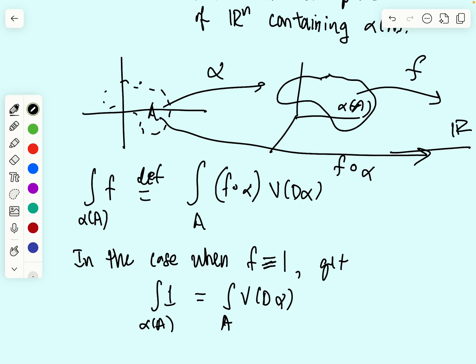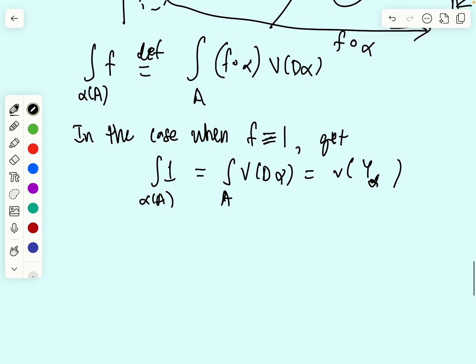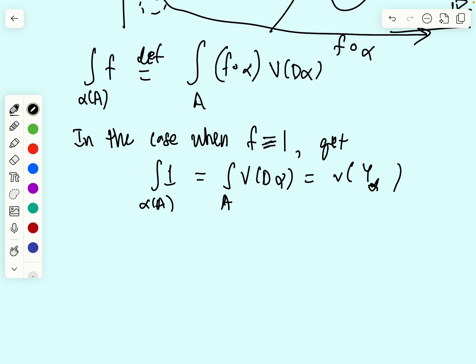Because f composed with alpha is just the constant function 1, and the integral of v of d alpha is what we defined to be the volume of alpha of A. And again, since alpha isn't necessarily 1-to-1 in this definition, it's more precise to write the volume of Y sub alpha. So it's not just the volume of the set, it's the volume of the parameterized manifold. It's the manifold together with the mapping. Okay. So that's the formula. That's a definition.